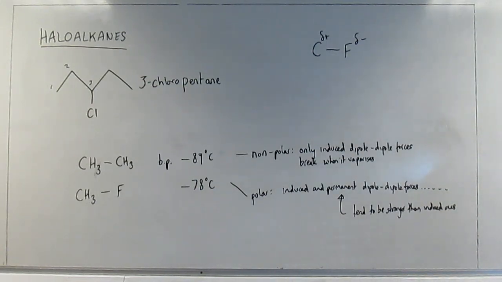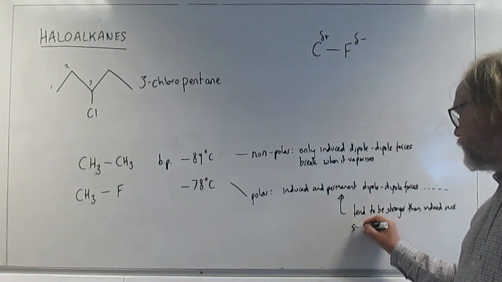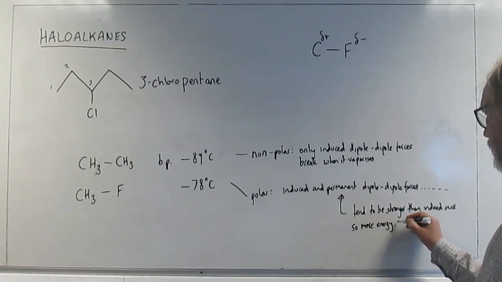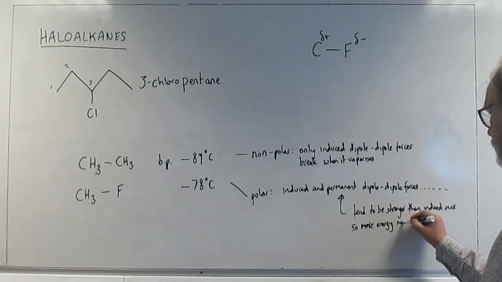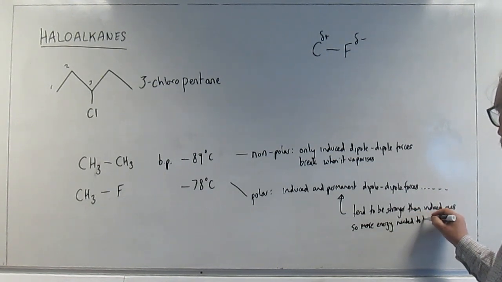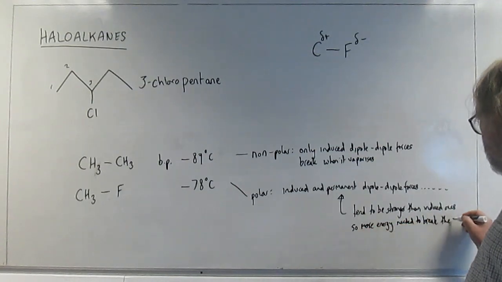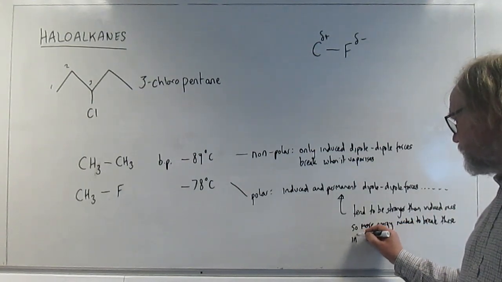If the dipole's there all the time, it's likely to be harder to break than if it's only there now and again as a result of the random electron movements. So permanent dipoles tend to mean that you've got a stronger attraction between the molecules, so more energy is needed to break these intermolecular forces.